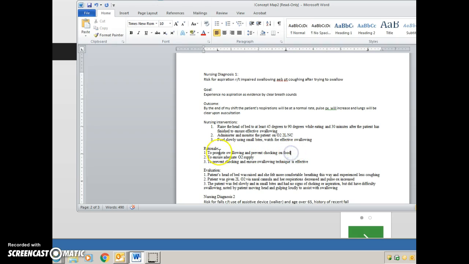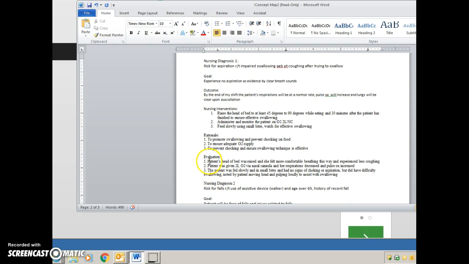What you really need to put here is, raising the head of the bed promotes swallowing and prevents choking of food. And then the evaluation: patient's head of bed was raised and she felt more comfortable breathing this way and experienced less coughing. That's pretty good.